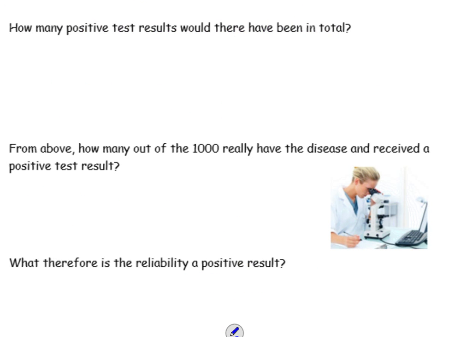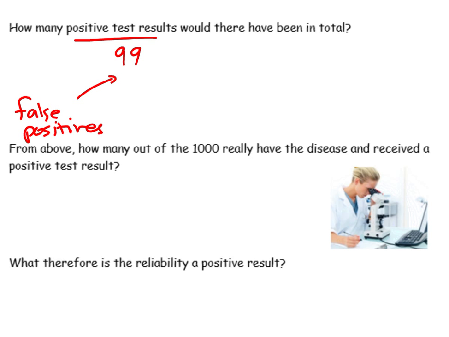How many positive test results would there have been in total? So what we need to do is add something up. There were 99 people who had false positives. You might want to make a note of that. That's the amount we found that have false positives. And how many have correct positives? In the second question, we worked out that there were 9 with correct positives.